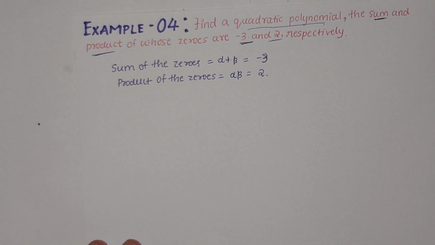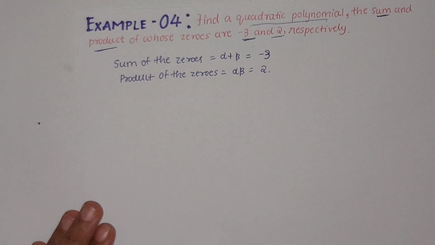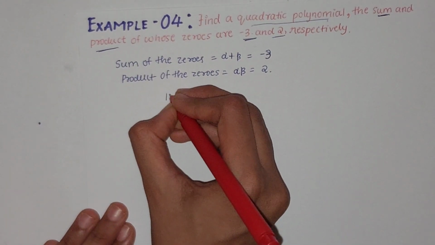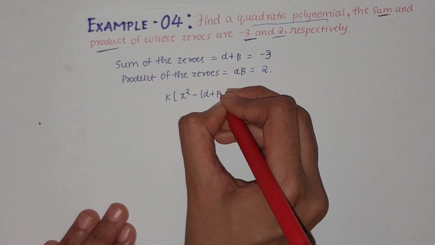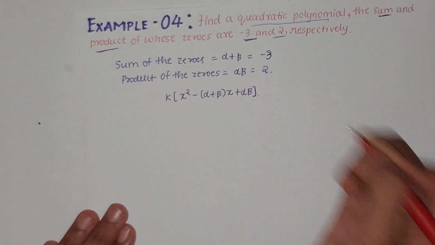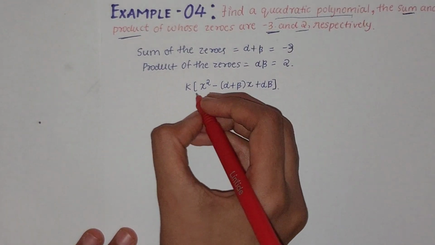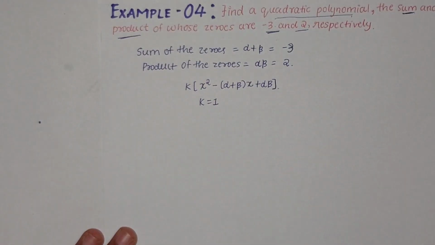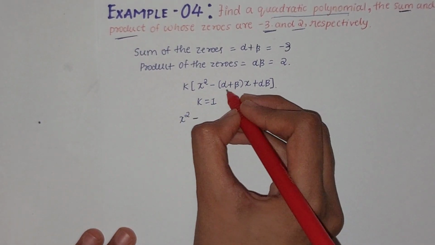Now, what will we do now? I had told you we have a general form, which I had told you to remember, if you have watched the last video. That is k into x square minus alpha plus beta into x plus alpha beta. Now, assuming k is equal to 1, x square minus, what is alpha plus beta?